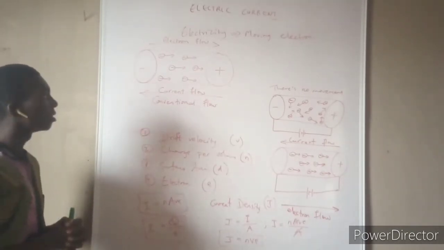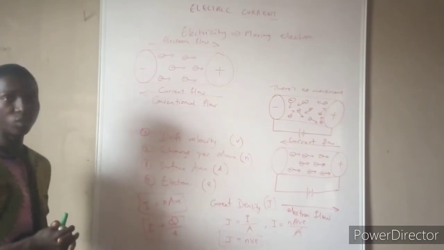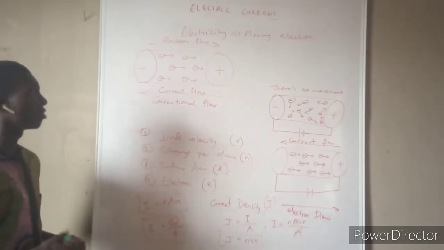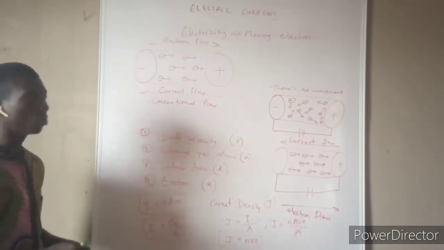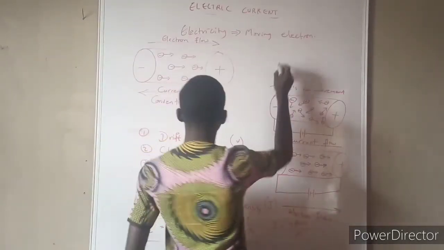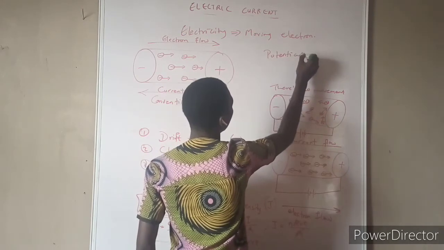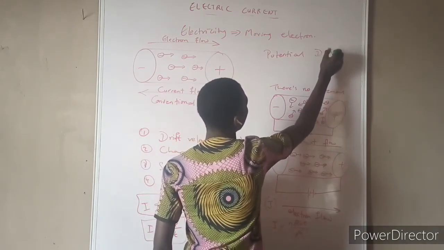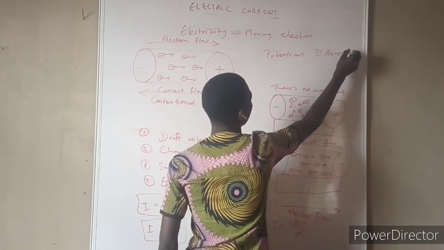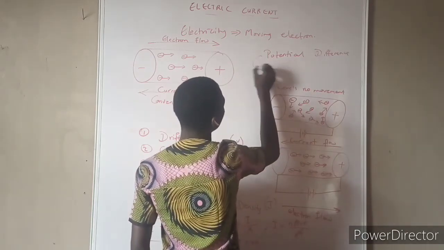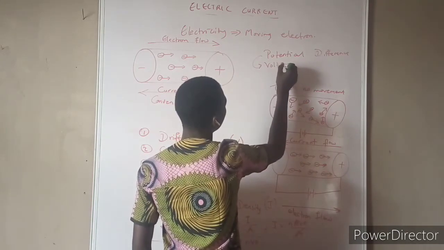And just don't forget that the force that is responsible for the movement of electrons from the negative pole to the positive pole is referred to as the potential difference, which is also referred to as the voltage.